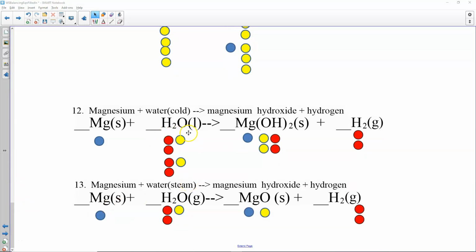So the last question, which we need to obviously balance, is this one. 1 magnesium on the left, 1 magnesium on the right. 2 hydrogens on the left, 2 hydrogens on the right. 1 oxygen on the left, 1 oxygen on the right, so it's already balanced, so we don't need to do anything. Excellent.